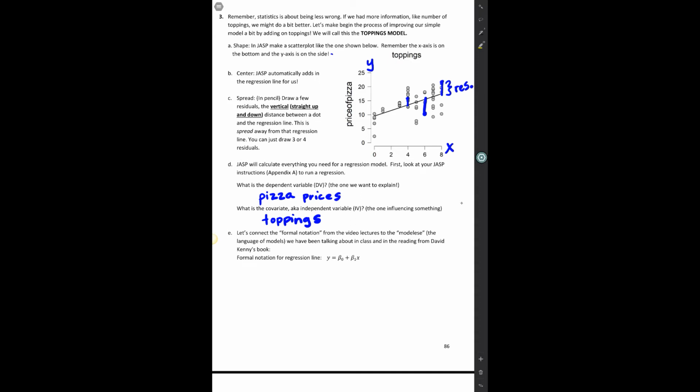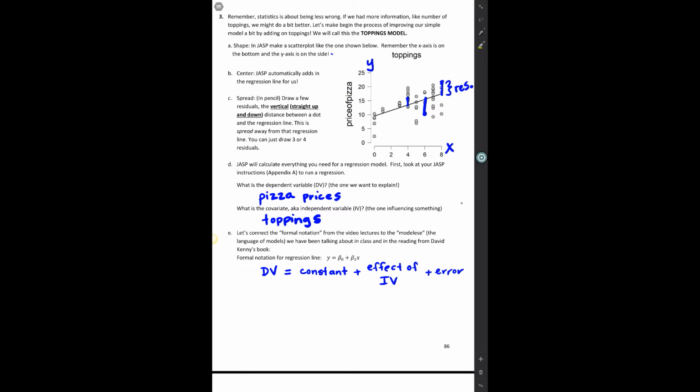You may remember it looks something along the lines of dependent variable, or DV, is equal to some constant plus the effect of the IV, or independent variable, and then we always put some extra error that we can never fully account for or get rid of at the end of our model.